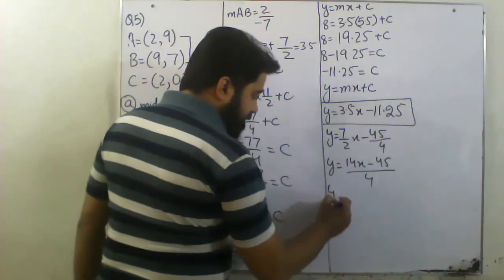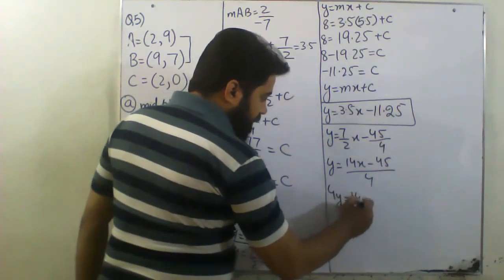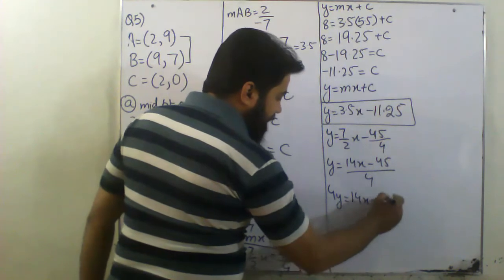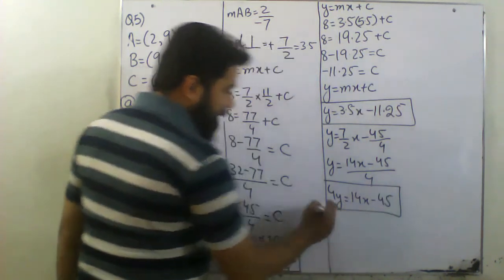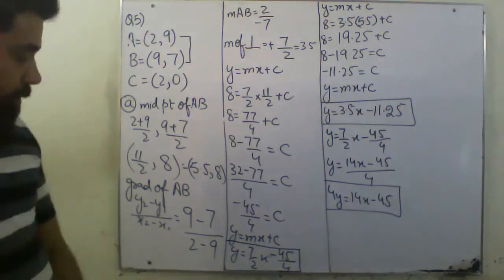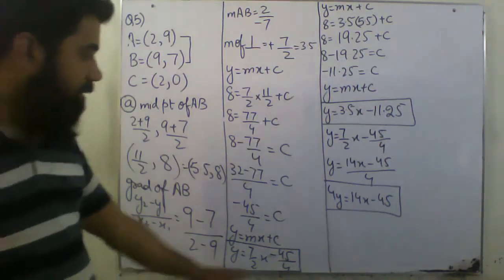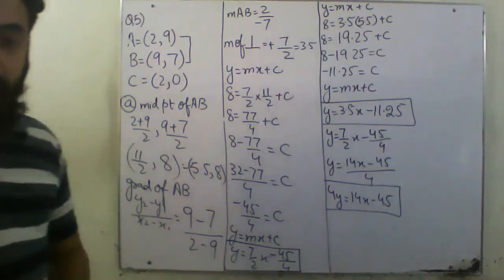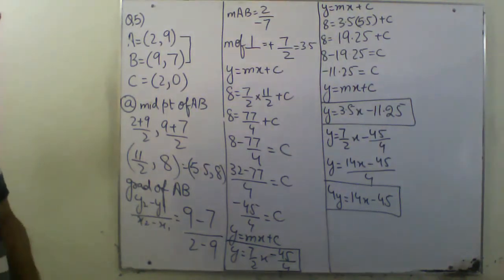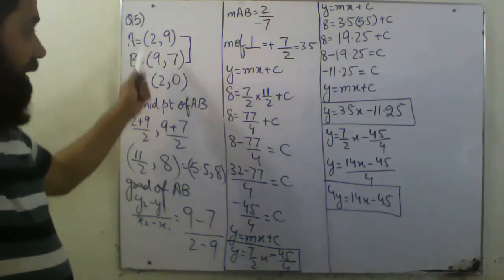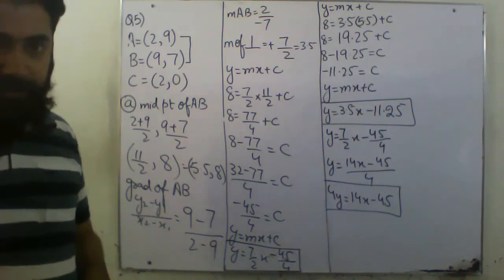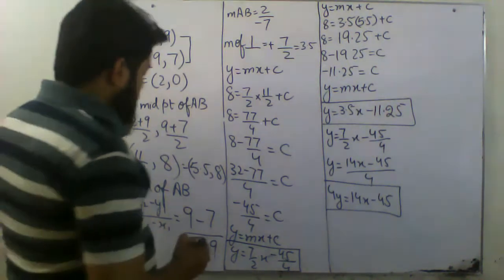Shifting 4 over here, 4y equals 14x minus 45. This is your answer. So you can write the answer like this, or like this. All three of these are your values for the equation of the perpendicular bisector of AB. Okay. Now, part B.